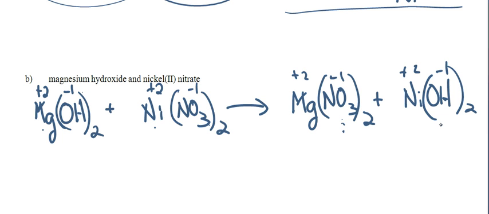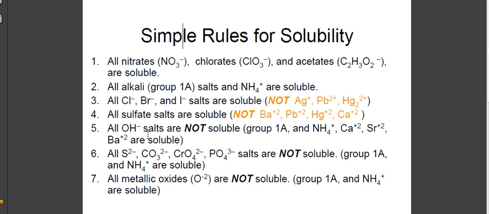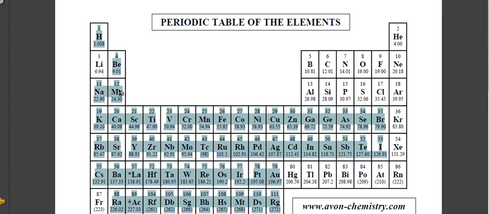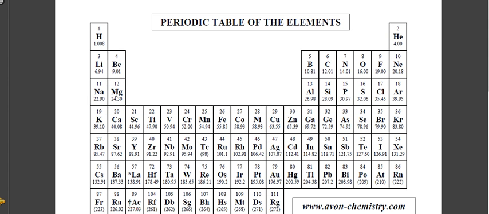However, the nickel hydroxide, what's rule 7 say? Or not 7, but I think it's 5 or 6. 5, that's it. It says all hydroxides are not soluble, which means they form precipitates, except for group 1A and calcium on down.